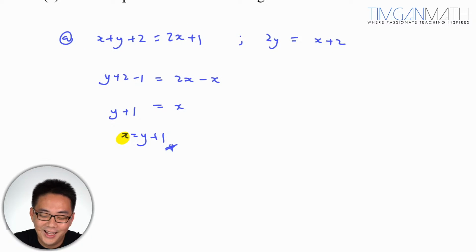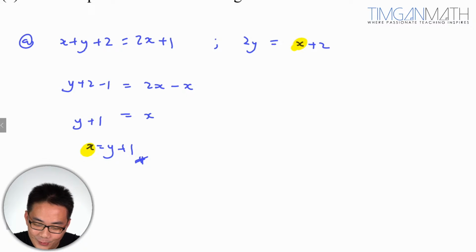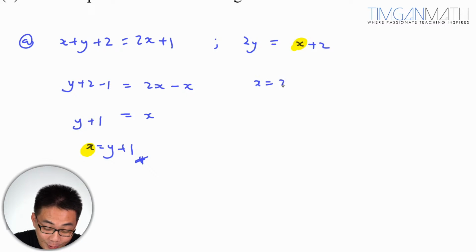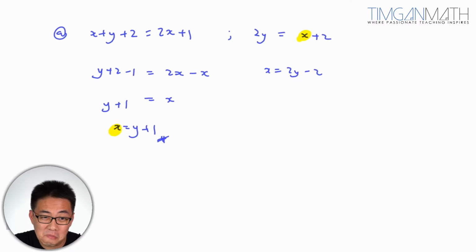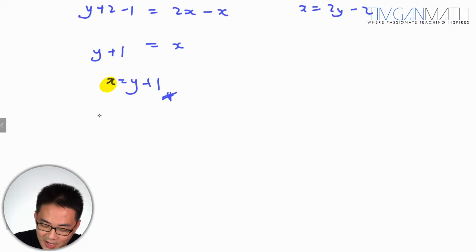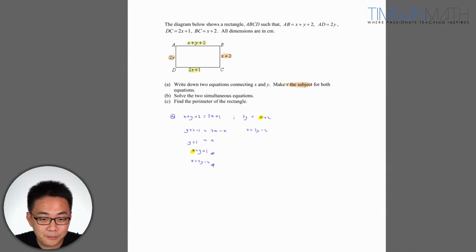Then the subsequent one, making x the subject, would be x equals 2y minus 2. Nothing fancy there. So these are the two equations that you need, and that's how you do this part.